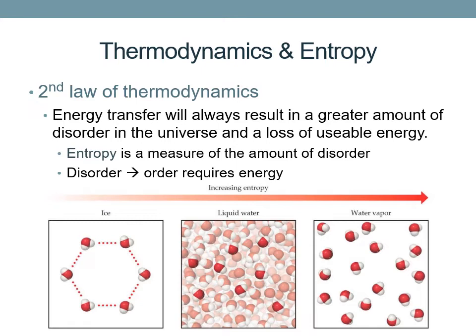In this example, the structure of the water molecules in the ice is very ordered in a lattice structure. The amount of entropy or disorder is very low, but as the ice melts, the amount of entropy starts to increase when the molecules begin to move around more and farther apart, and the lattice structure is dissociated.